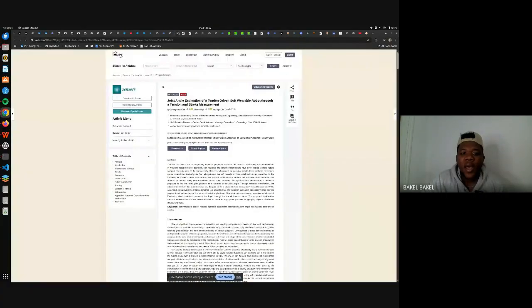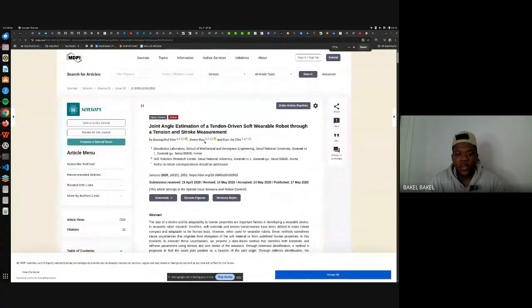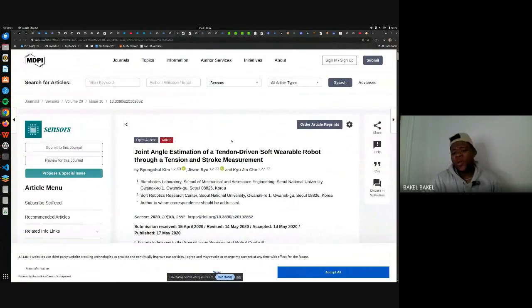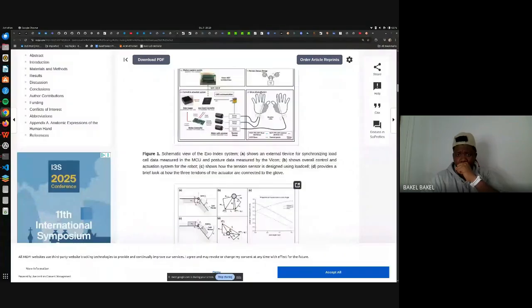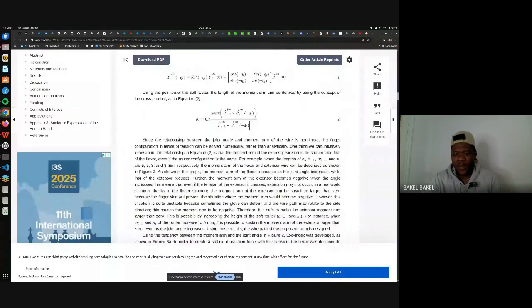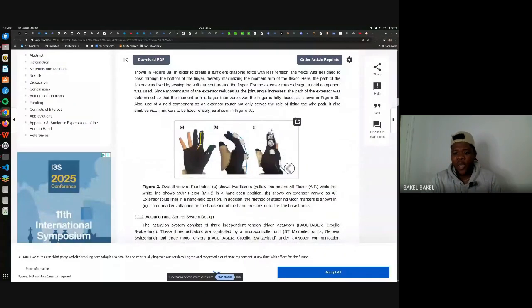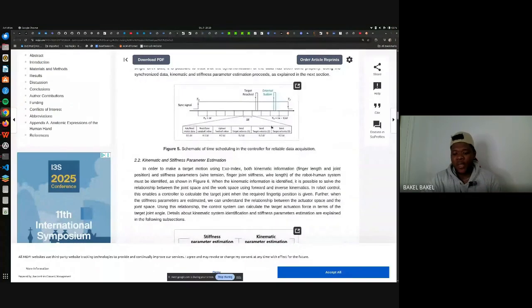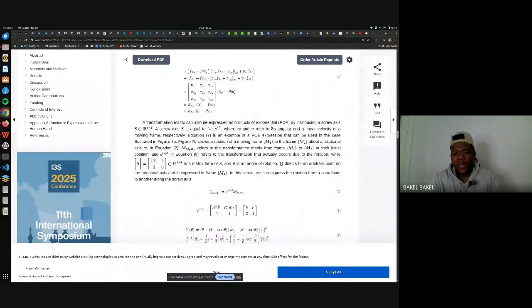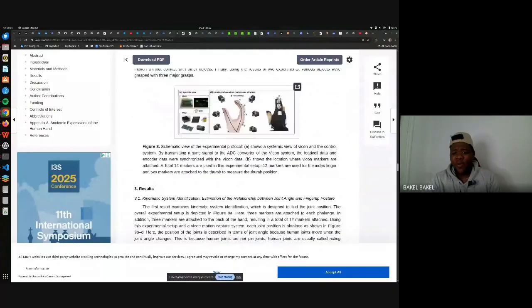I had to read a ton of papers. It's not like I knew anything about it. This is joint angle estimation for tendon-driven soft boom. The problem is nobody had the same design as them. Look at this guy's design. I can't share their design, because you know how these things go, and everybody has their way of doing things.